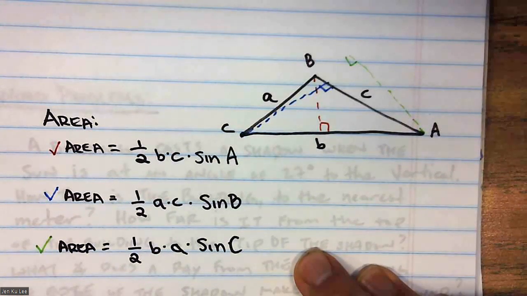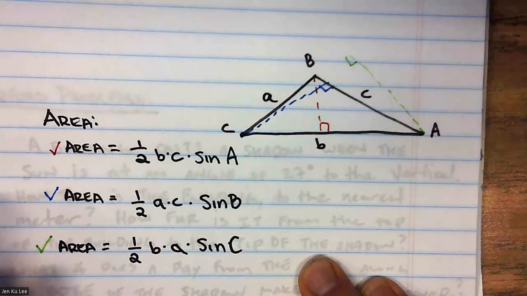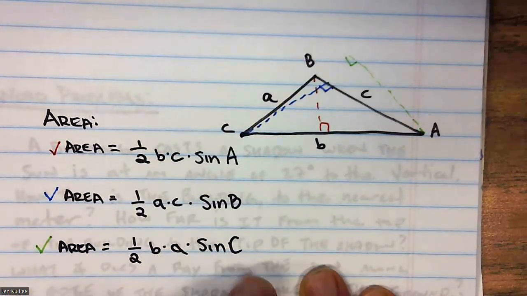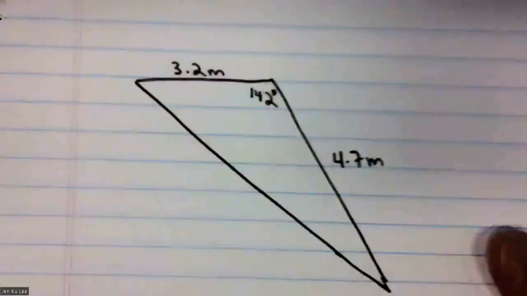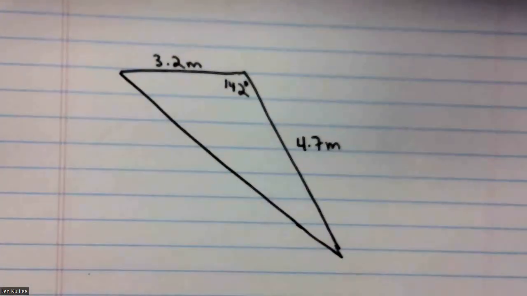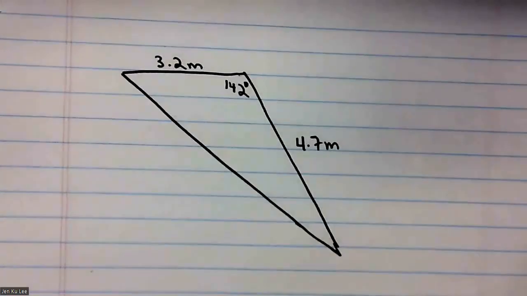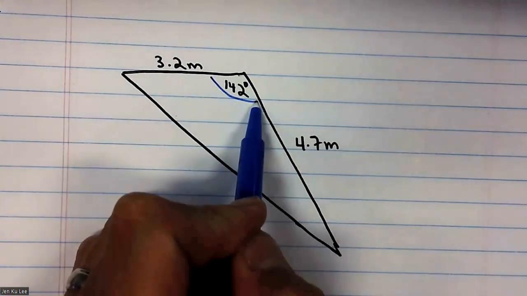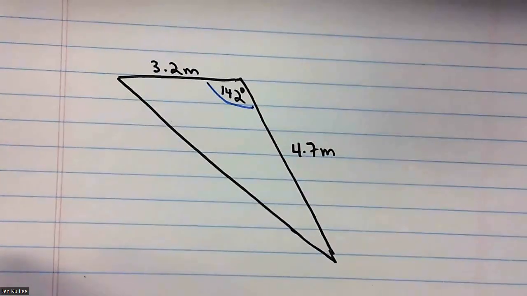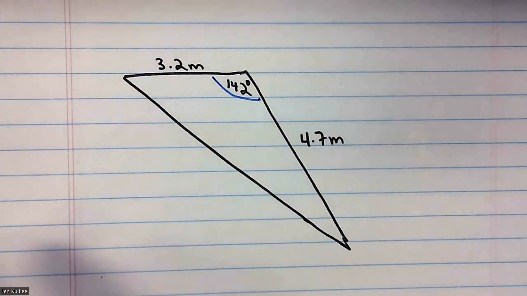So as long as you know all the letters are going to be represented in the area formula, you should be good. And it's always going to be two sides and the angle that makes up those two sides. It's like this example right here. Okay, I have 3.2, 142 degrees, and 47. Okay.